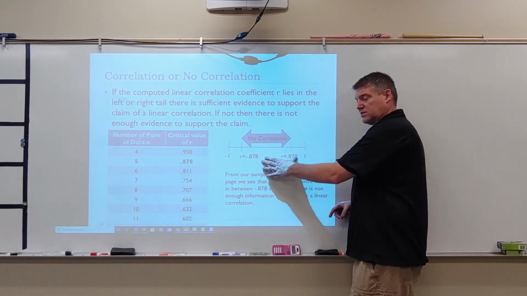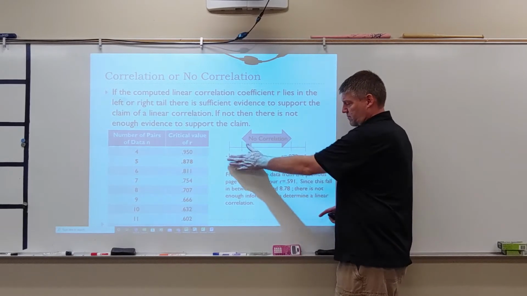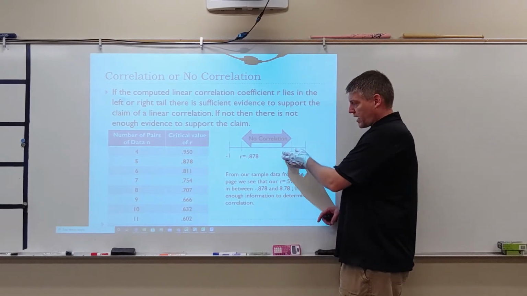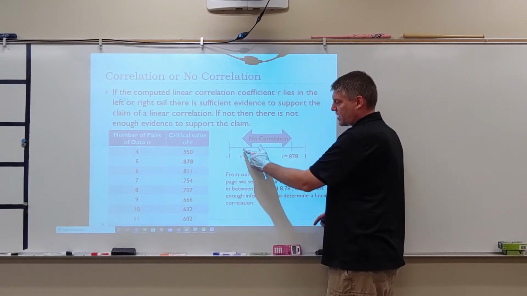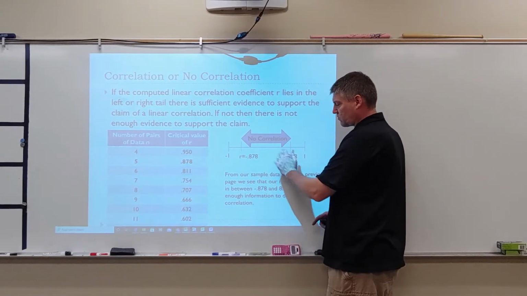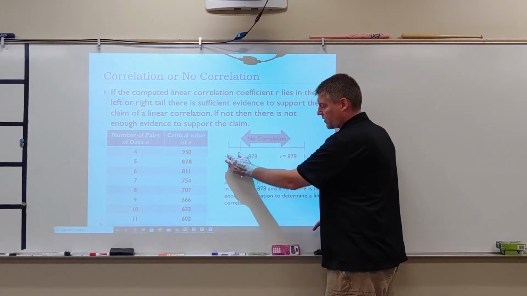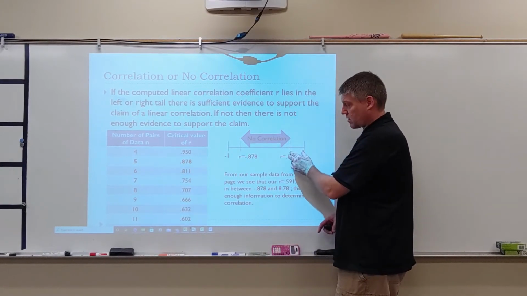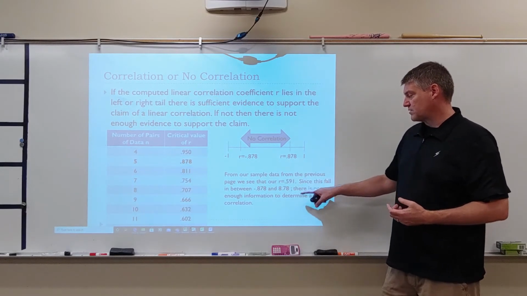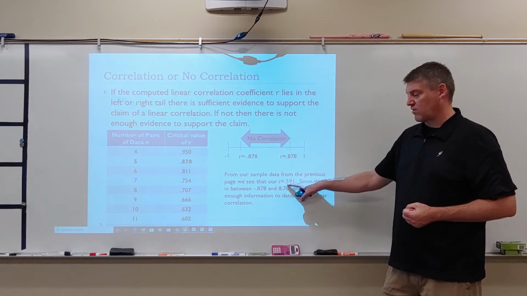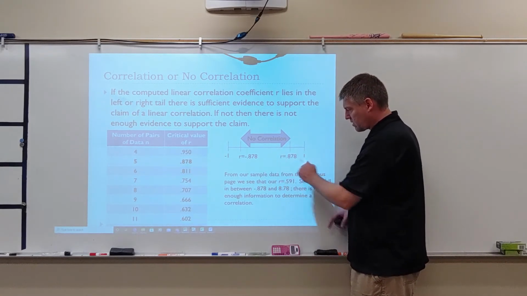This is kind of what they're talking about. They create a number line from -1 to 1, and then they plot this critical value of 0.878. If I fall between these two values, in here, there is no correlation. I have to fall in this little tail right here. If we remember our sample data from the previous page, our value was 0.591, so it might be about here.